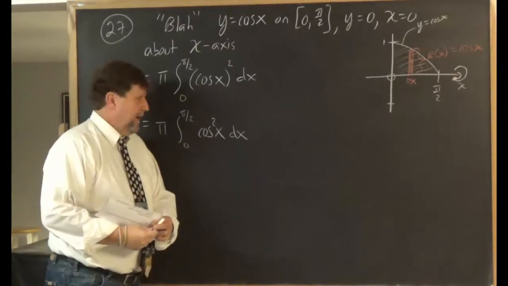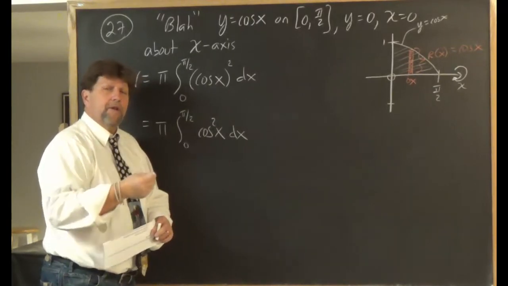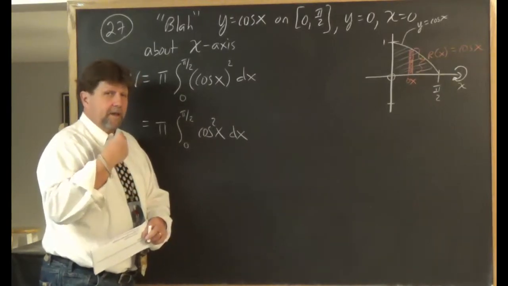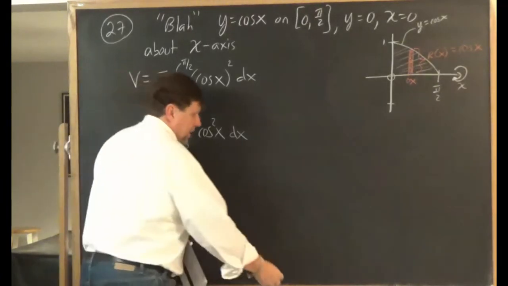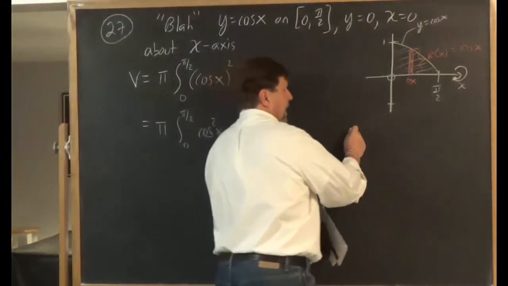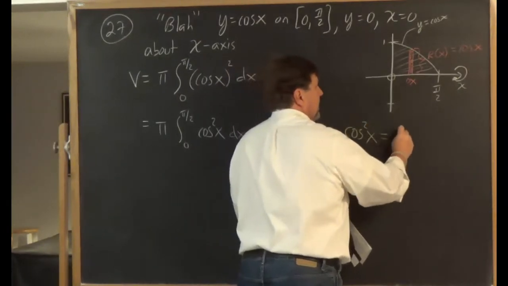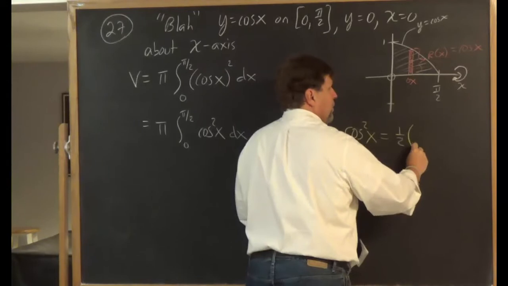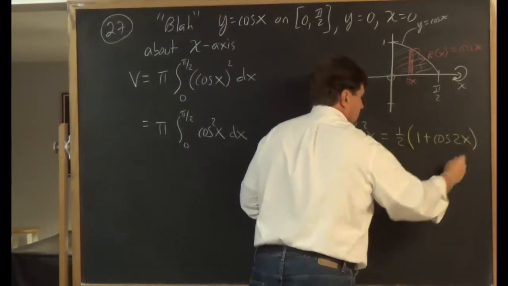Hey, it's something that we need to remember from back in Calculus 1. It's the power reducing identities, to help us integrate cosine squared x. So remember, let me write that over here. The power reducing identity for cosine squared x is 1/2 times the quantity 1 plus cosine 2x.